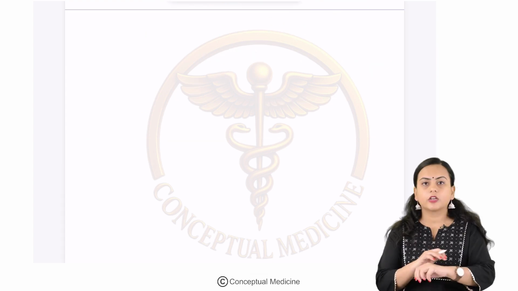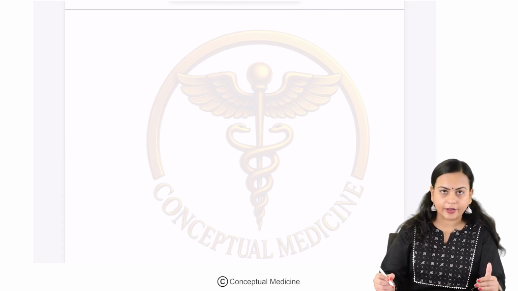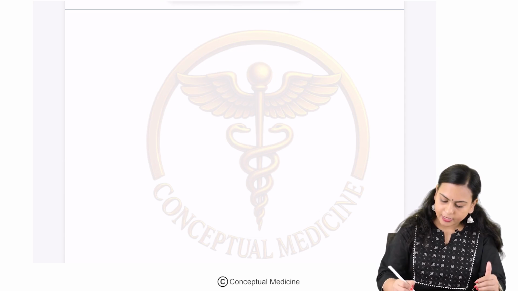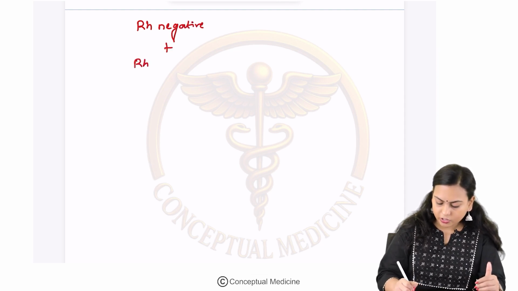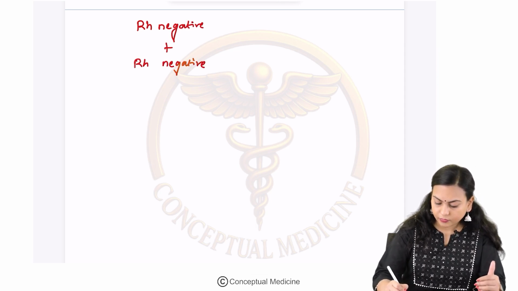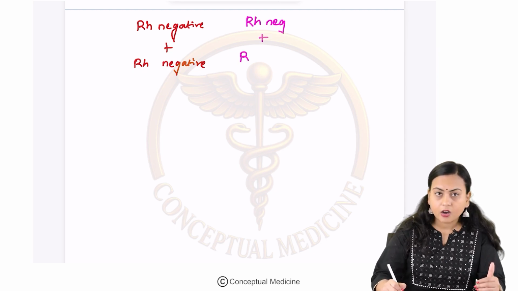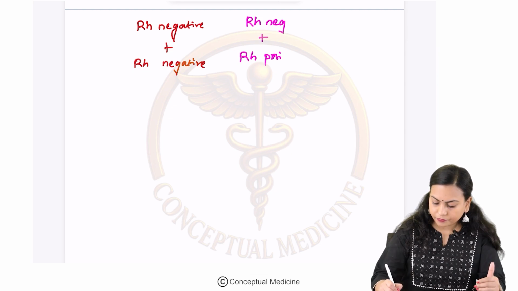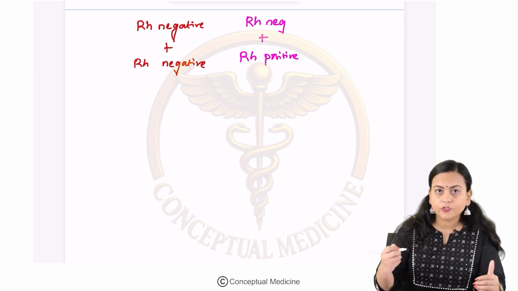Now, we will consider three scenarios. First, an Rh negative mother and an Rh negative father. Second, an Rh negative mother and an Rh positive father who is heterozygous for the rhesus antigen.